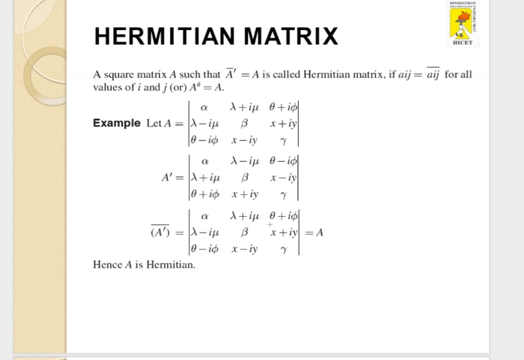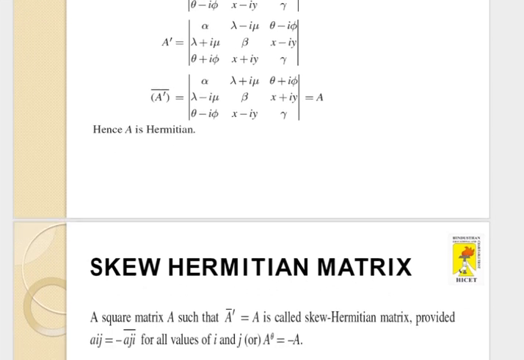Theta minus i phi became theta plus i phi. Then lambda plus i mu became lambda minus i mu and so on. Now, this is nothing but our A, the given A. So, A is Hermitian. So, what we have got, if A dash bar equal to A, then the given matrix A is called Hermitian matrix.